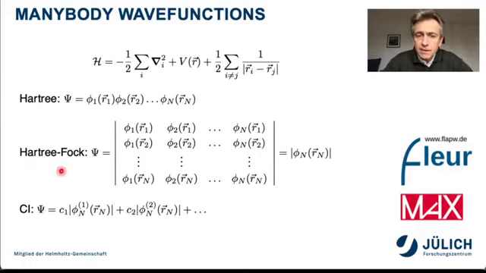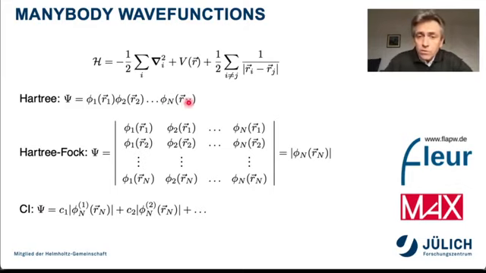Then there is the Hartree-Fock method, where you use a determinant ansatz to incorporate the Pauli principle, and you can also make linear combinations of determinants and configuration interaction methods, and of course many things beyond that which are not so relevant for us here.